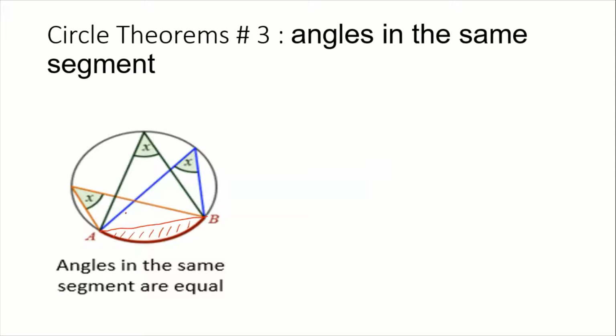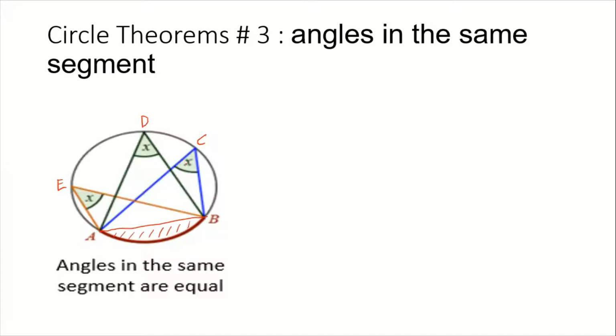So if we put a point over here and call it C, and we call this one D and this one E, you can see that the lines AC and CB are drawn from the line AB, that segment there.